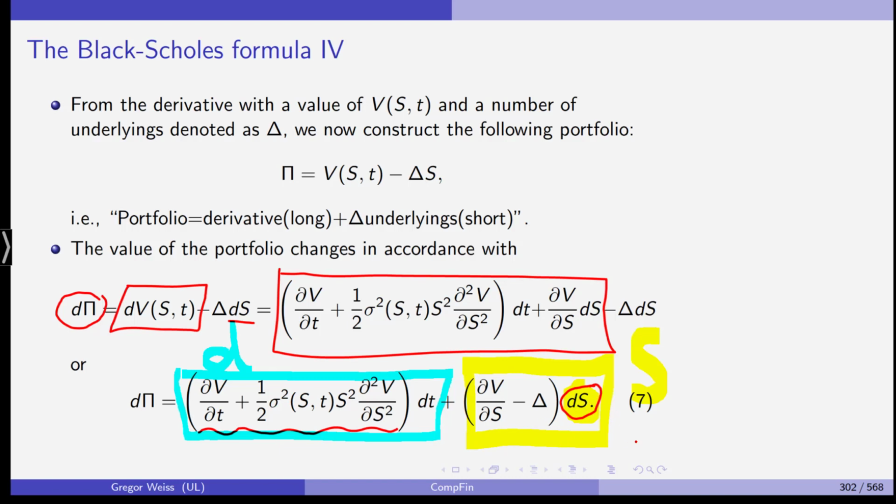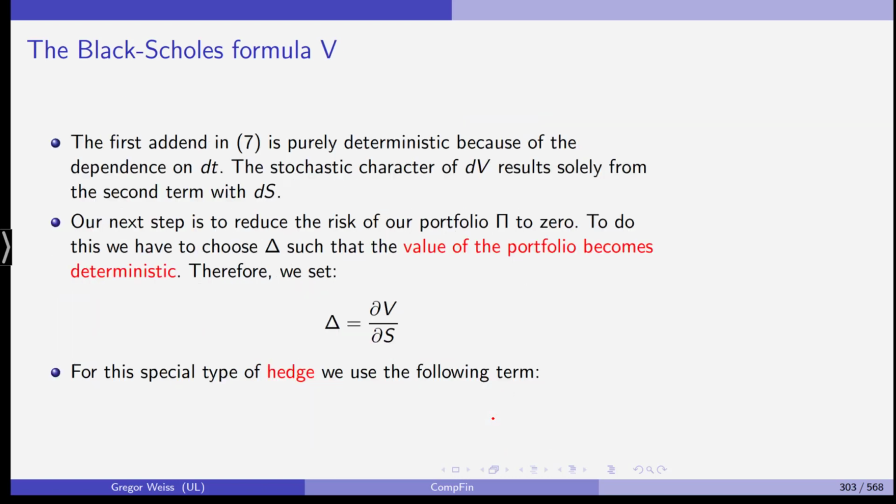How do we make this disappear? Well, very simply, if the number of underlyings, delta, for the short sale is chosen according to the partial derivative of the option price with respect to S. And this is what we call a delta hedge.